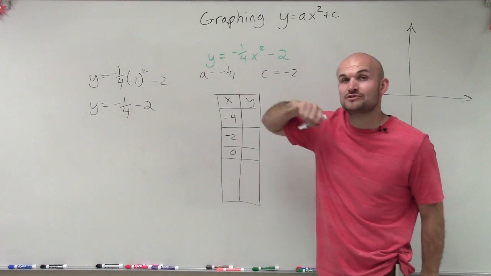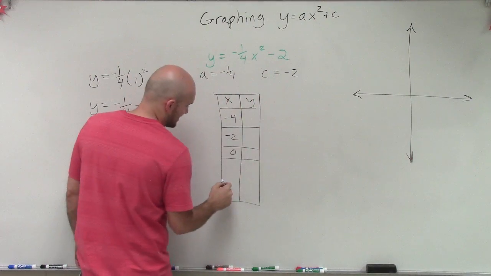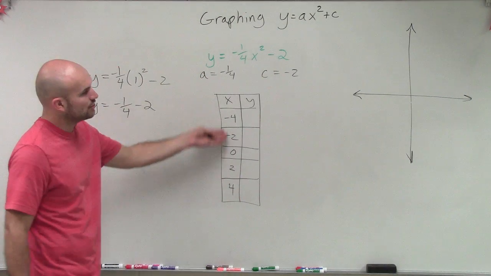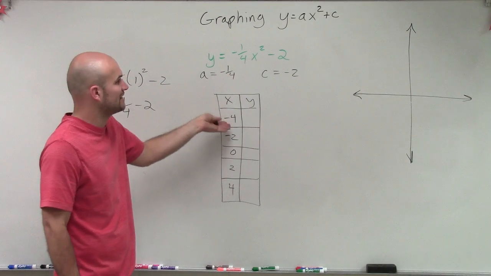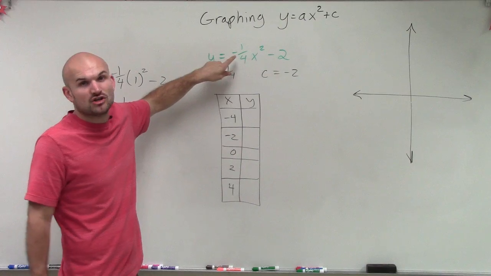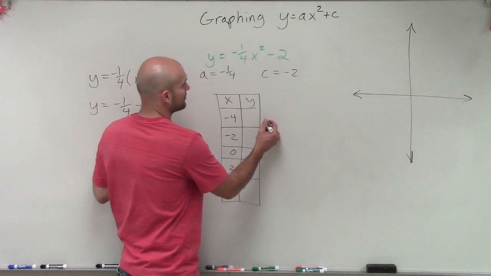So I'm going to use numbers that help me avoid fractions, and I think a lot of students like that as well. So instead of negative 1 and negative 2, I chose negative 2 and negative 4, because when I square those numbers, I can then multiply them by negative 1/4 or divide by 4, which is the same operation.